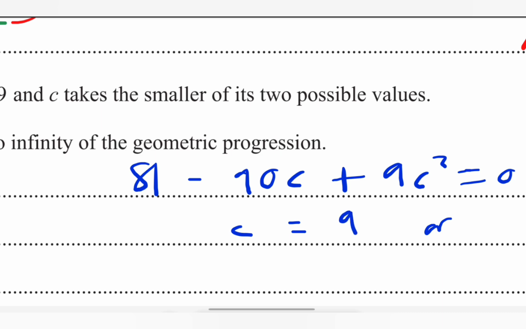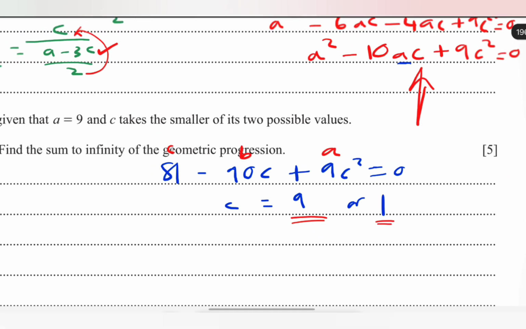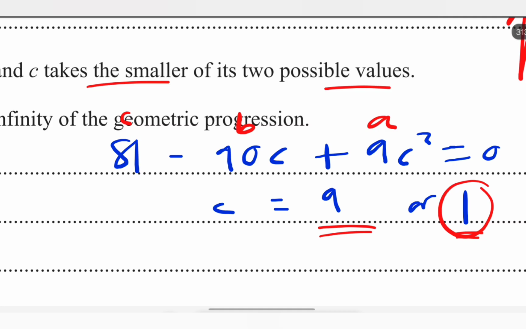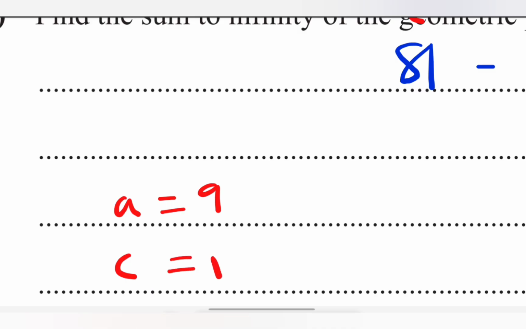And the first one is 9, the second one, let me just replace the positive with the negative, is 1. Remember, this is our a, this is our b, and this is our c. And the question tells us that c takes the smaller of the two values, so c is 1.